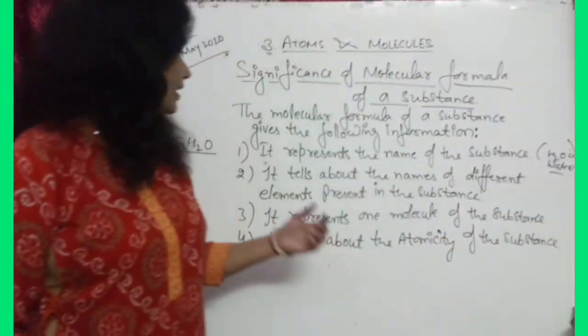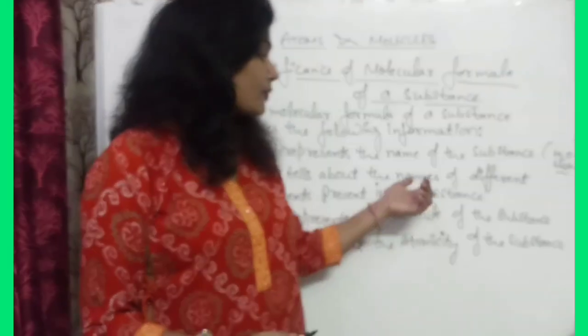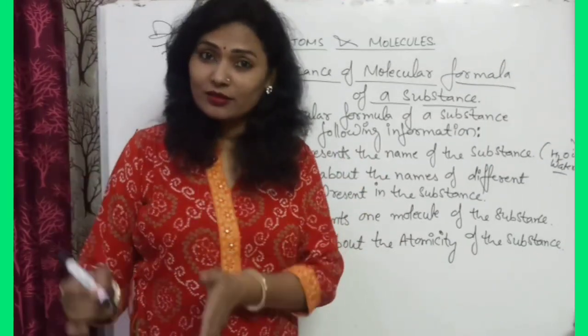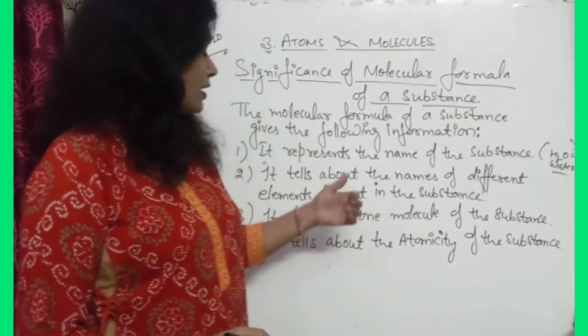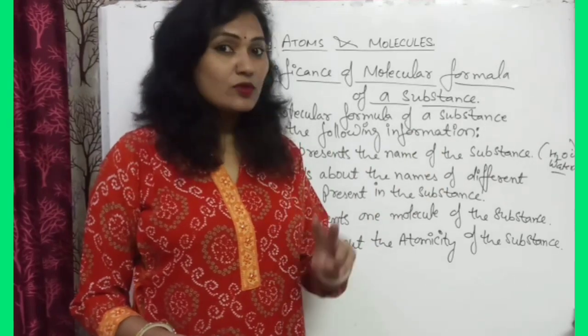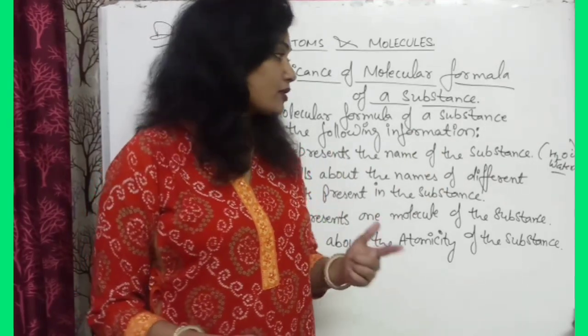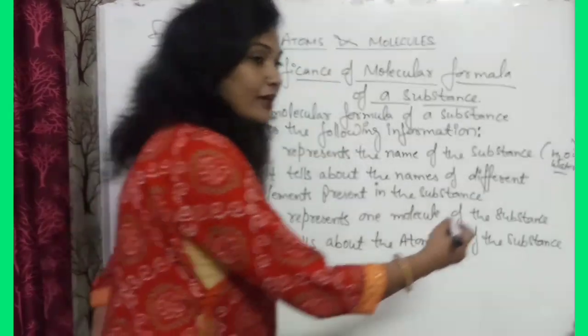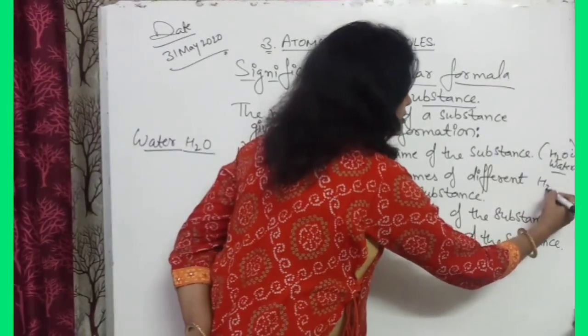Now second, it tells about the different atoms present in the substance. For example, we are taking H2O. H2O contains 2 atoms of hydrogen and 1 atom of oxygen. So what are the elements present in it? That is hydrogen and oxygen.